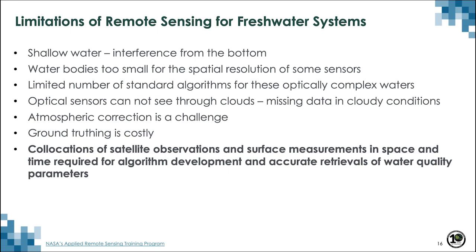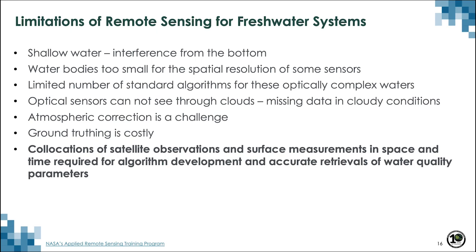Water bodies that are too small cannot be resolved by some sensors. We talked about it, that roughly at least 3 pixels are needed within the water body away from the shoreline. And which water bodies or lakes would be resolved by which sensor is dependent on sensor resolution.